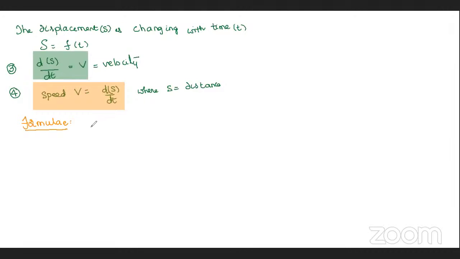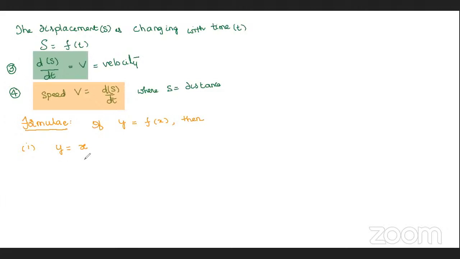For example, everything I am writing with respect to x. Suppose y is given as a function of x, then I write the formulae one by one. First one, suppose y is given as only x.